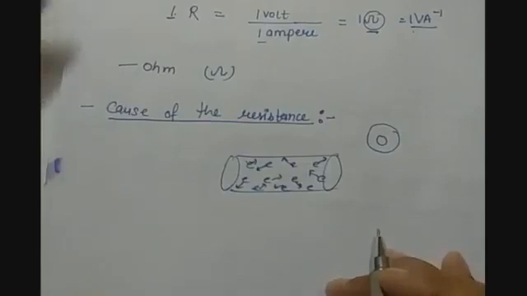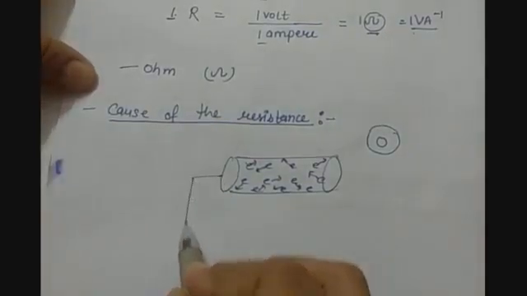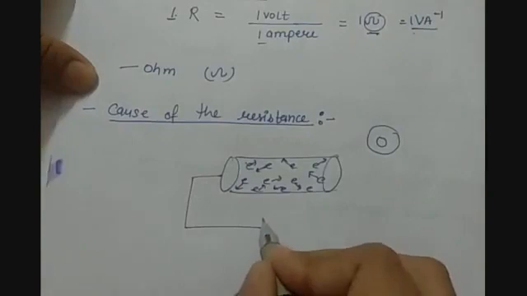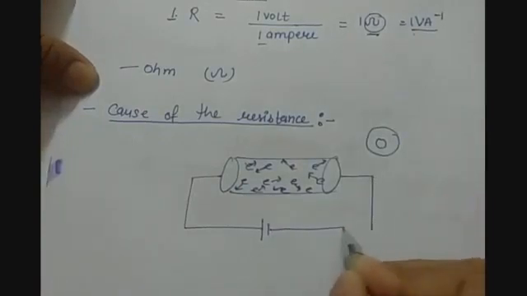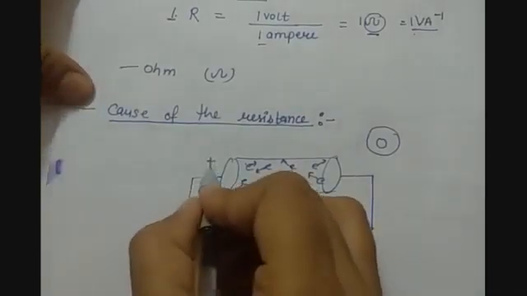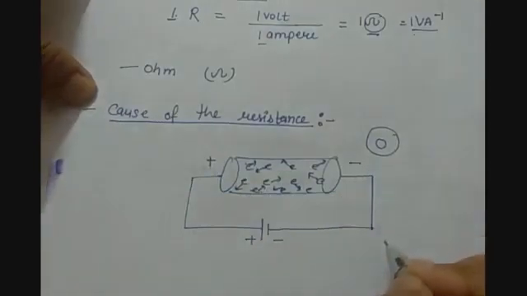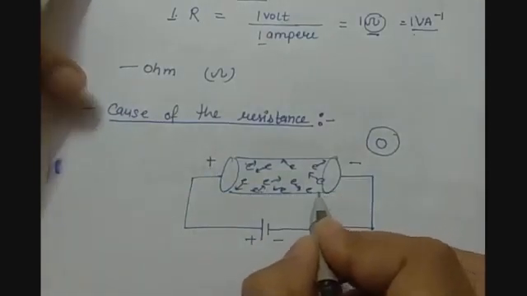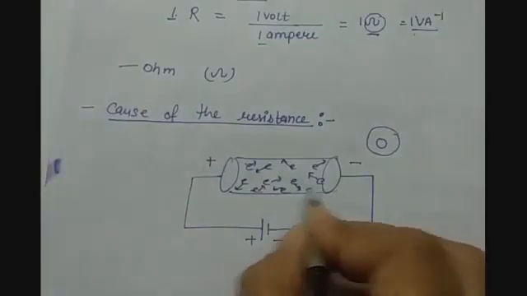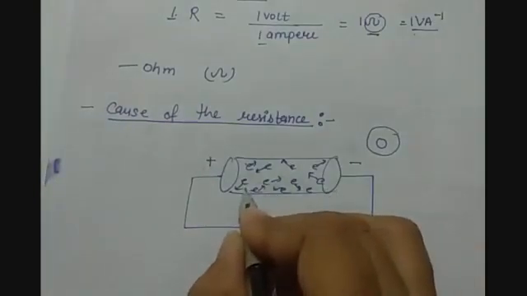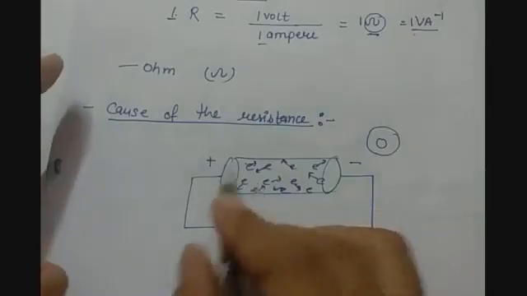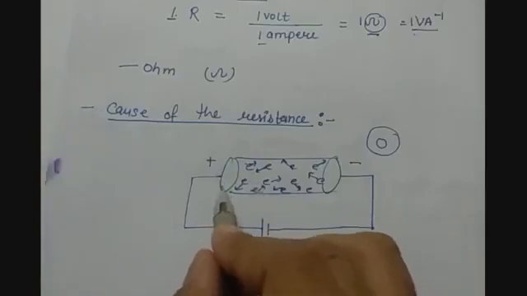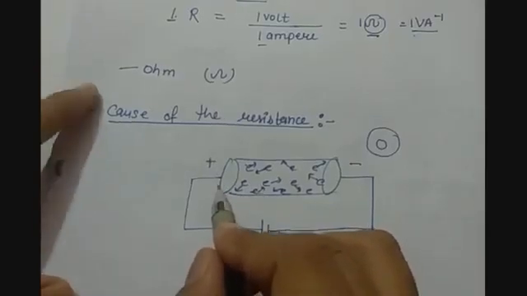But when we connect this conductor with a source of energy or a source of EMF, you can say a battery or a cell, so here we are taking a cell. We are creating a positive potential at this end and negative potential at this end. So electrons will go from lower potential to higher potential, because they are getting drifted towards the positive terminal of the battery.